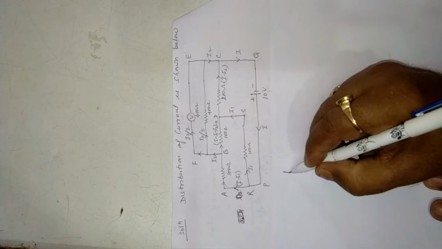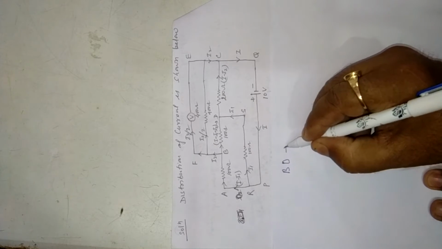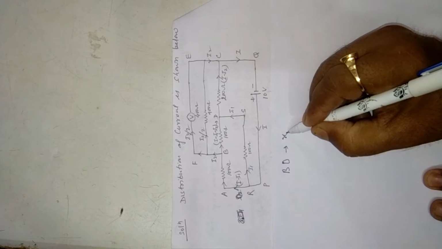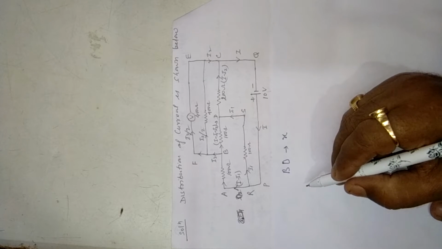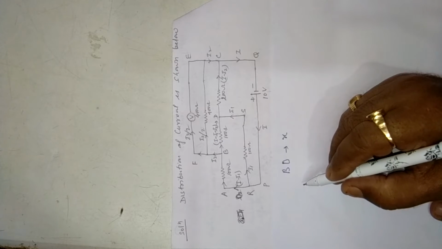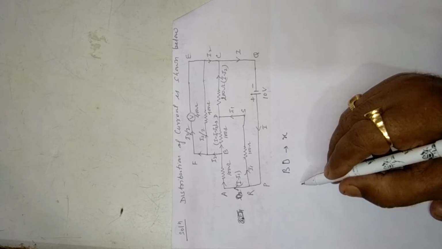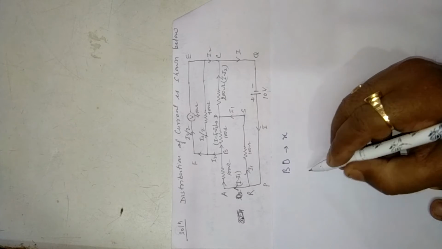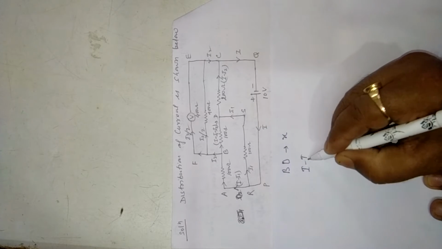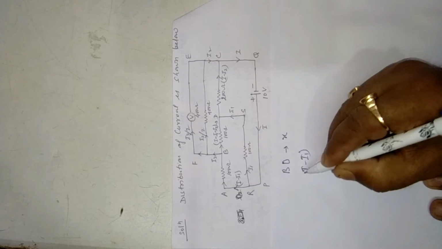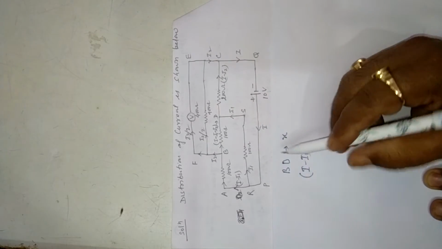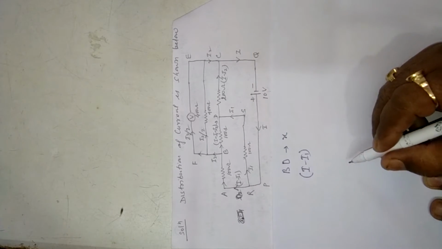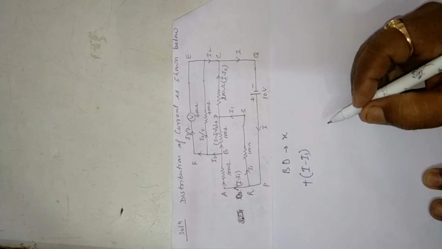Let the current along BD be X. According to Kirchhoff's current rule, the total algebraic sum of the currents meeting at a point is 0. From A to B the current is I minus I1, going towards the junction, so it is positive.